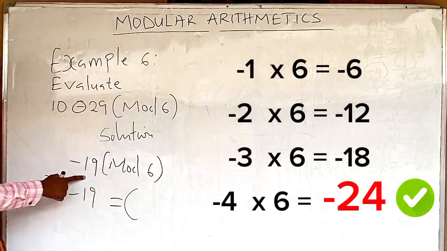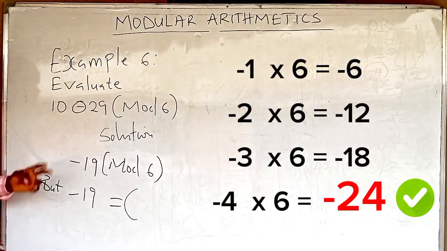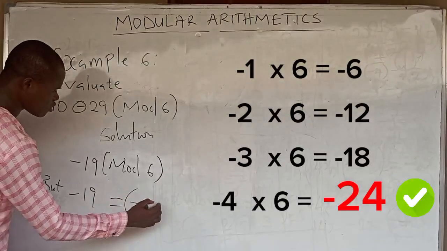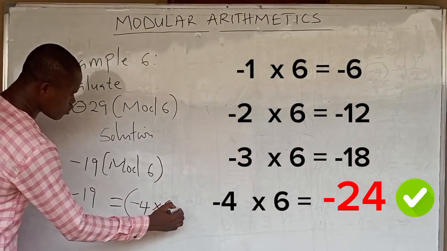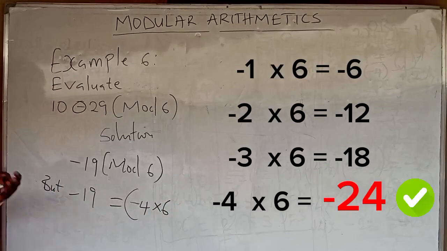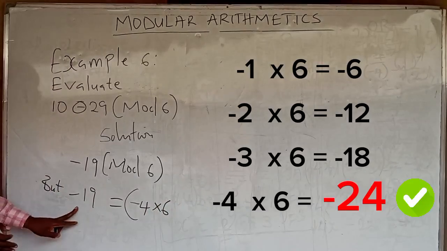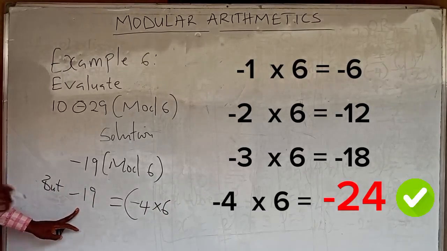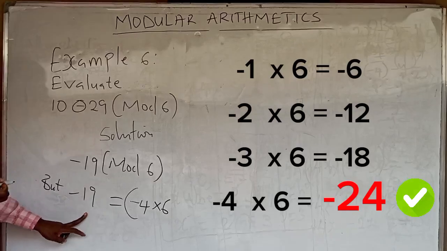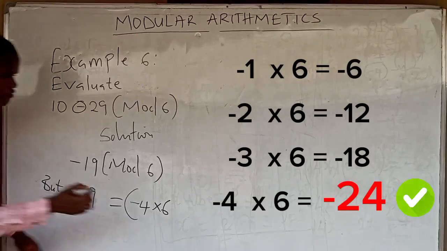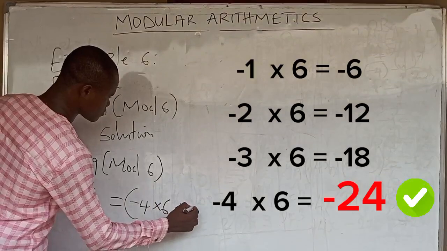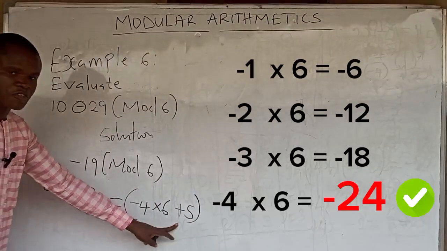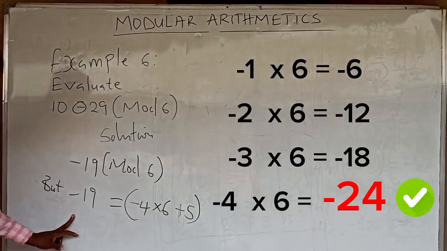So that is the first product that is less than minus 19. So what we're working with is minus 4 times 6. Minus 4 times 6 is minus 24. So remember what we had here was minus 19. So what must be added to minus 24 to increase it back to minus 19 would be plus 5, because minus 24 plus 5 will give us back minus 19.